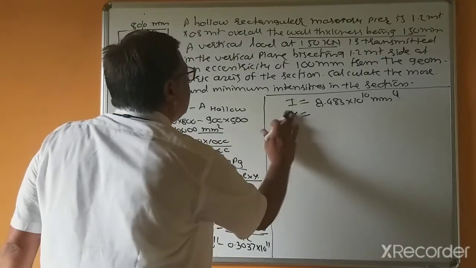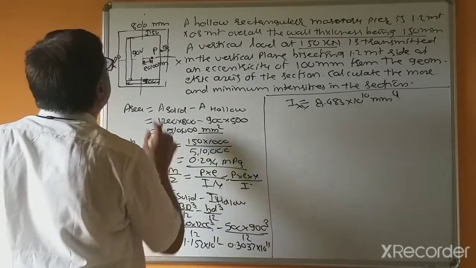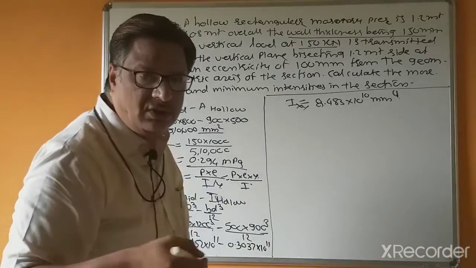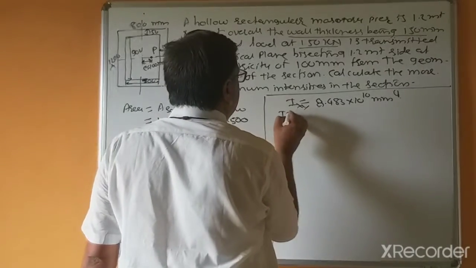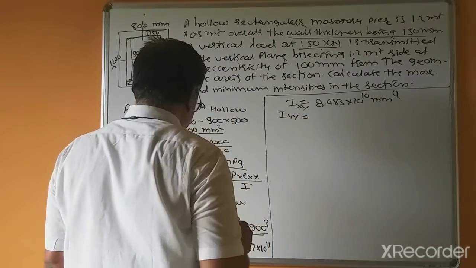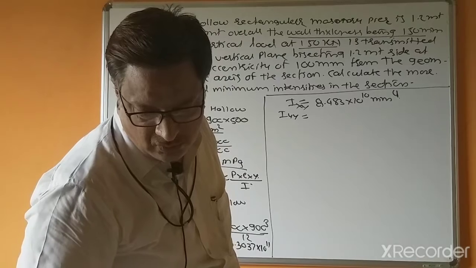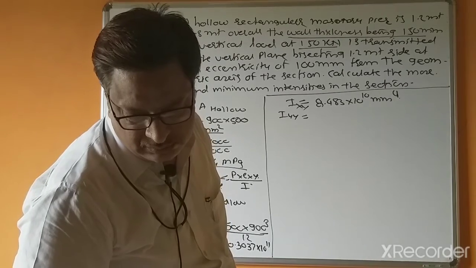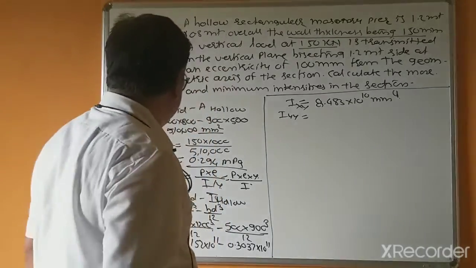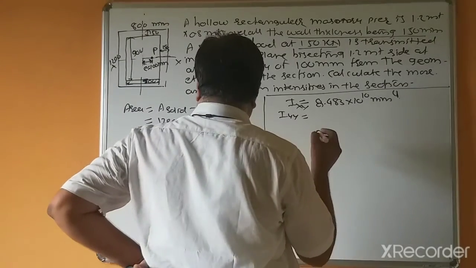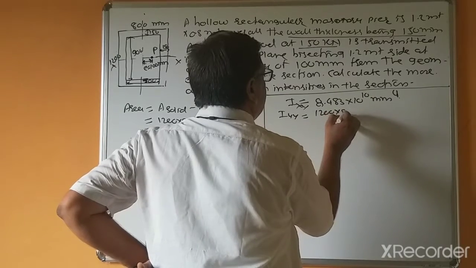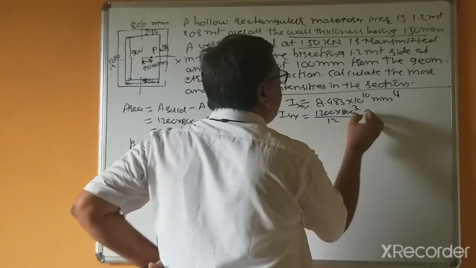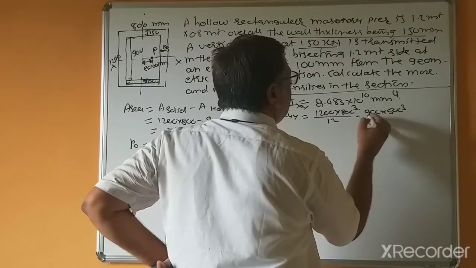So this is not correct, because the load point and eccentricity are along the x axis, this is EX, not EY. So I calculate IYY equal to 1200 times 800 cube divided by 12 minus, instead of 900, 500 cube divided by 12.